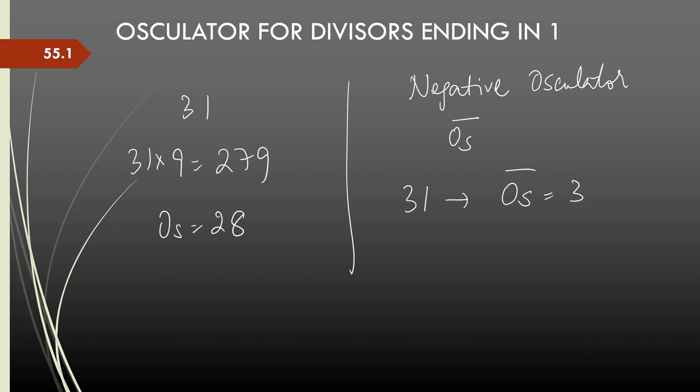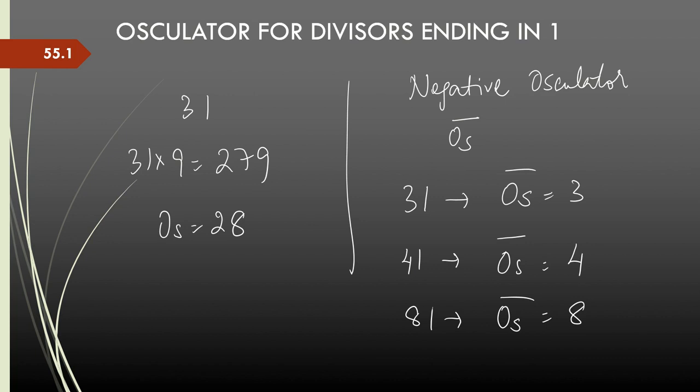So, we will work out the osculation with the negative osculator being 3. Similarly, if I have 41, then OS bar will be 4. If I have 81, OS bar will be 8, and so on and so forth. It is just the digit or the number preceding 1 in the divisor.